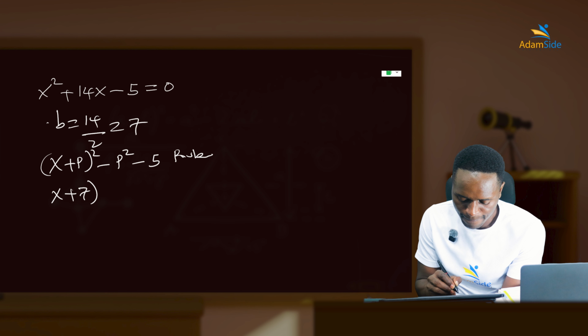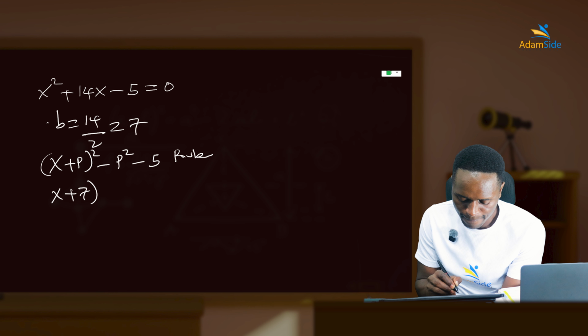Then we say x plus 7 squared minus 54 is equal to 0. And then you say x plus 7 squared is equal to 54. Find the square root. So x plus 7 is equal to root 54.